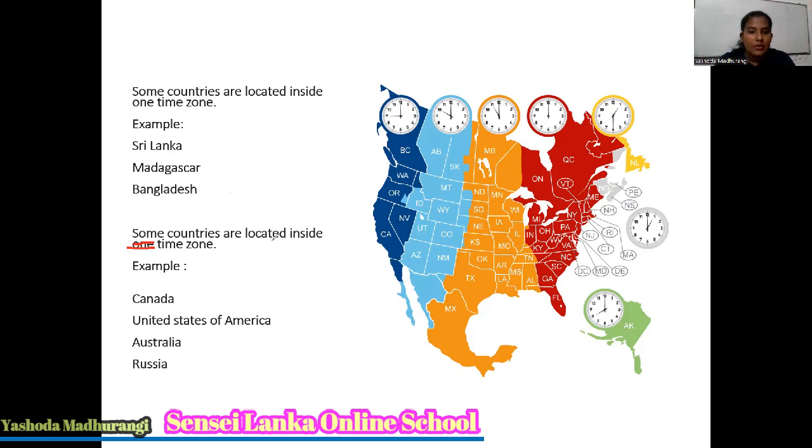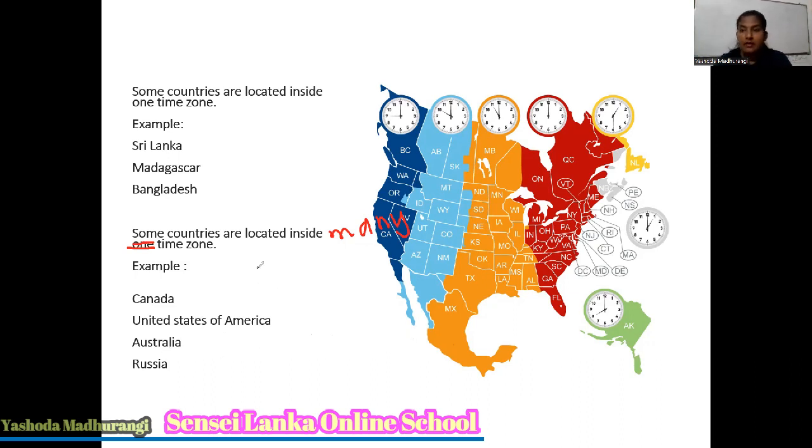Then some countries are located inside many time zones. What are the examples? The largest countries. Look at this picture. Can you see United States here? Canada, United States of America, Australia, Russia and other countries.